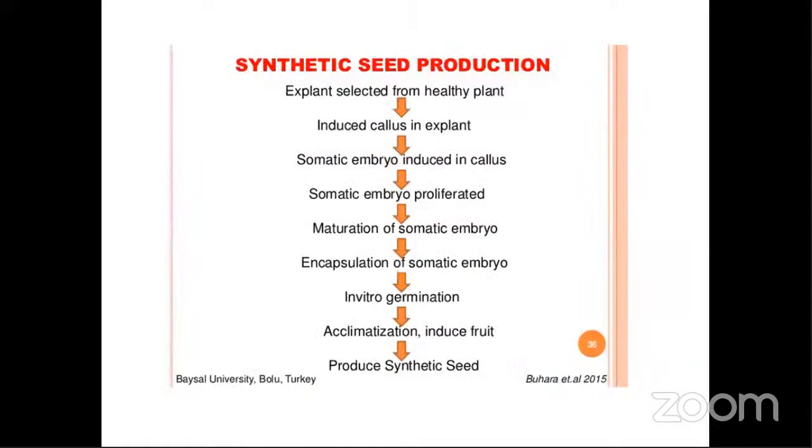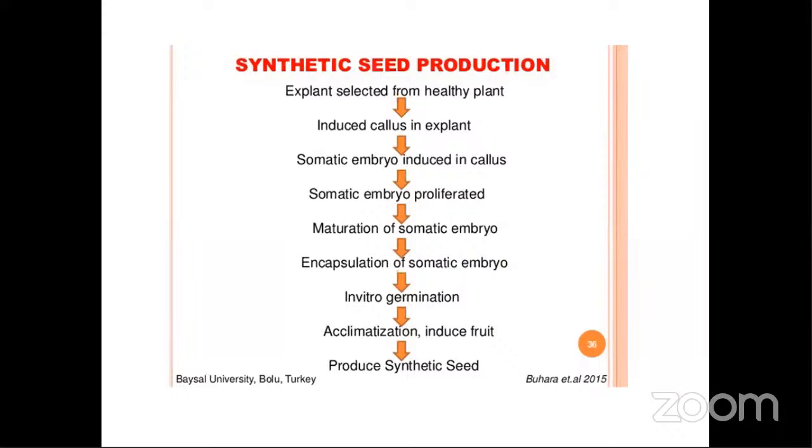This is the synthetic seed production technology procedure. You have to select the explant from a healthy plant, and then inoculate that explant after sterilization. Sterilization can be done by using various sterilants like mercuric chloride, Tween 20, sodium hypochlorite, Bavistin, and streptomycin, etc. After sterilization, you go for incubation for callus induction.